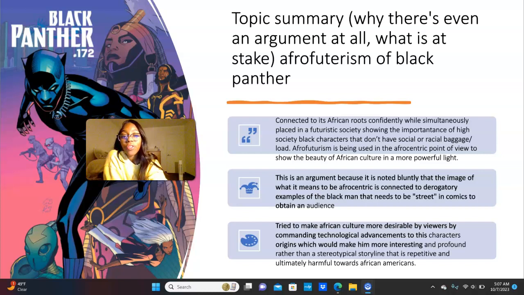Afrofuturism is being used in the Afrocentric point of view to show the beauty of African culture in a more powerful light.